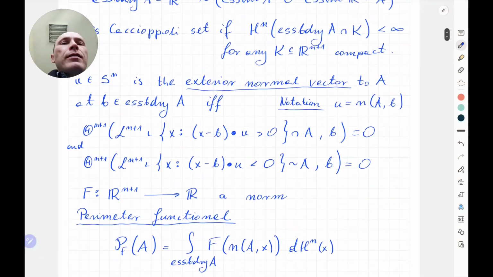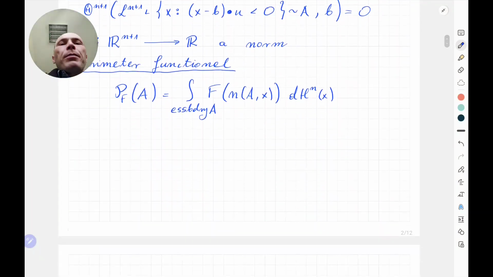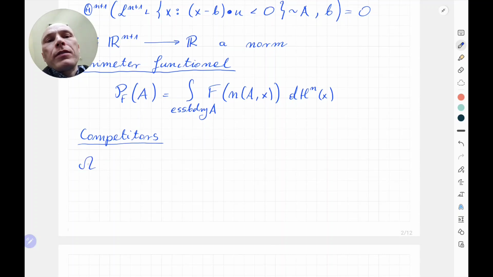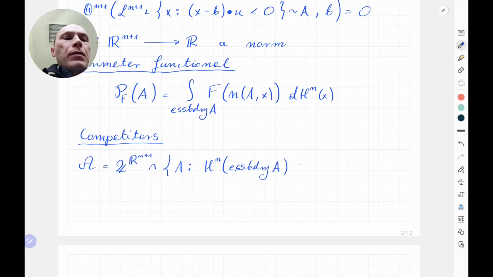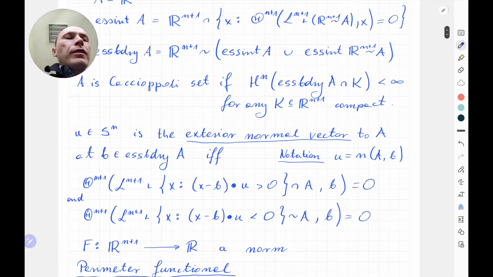Now, to define the isoperimetric problem, we need to define the class of competitors for our problem. Let us call this class of sets calligraphic A. These will be subsets A of R^(n+1) such that they have finite perimeter, but not locally, not only Caccioppoli. Caccioppoli sets have locally finite perimeter.